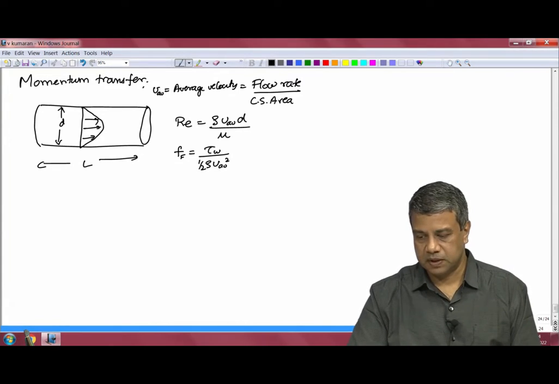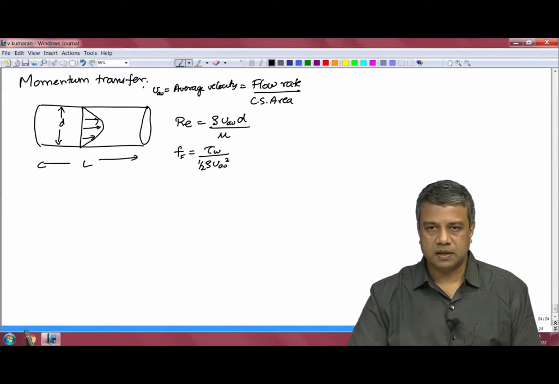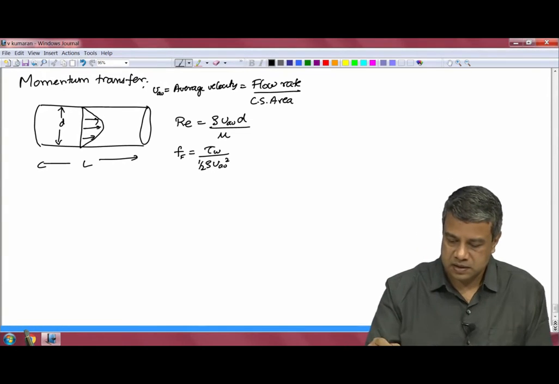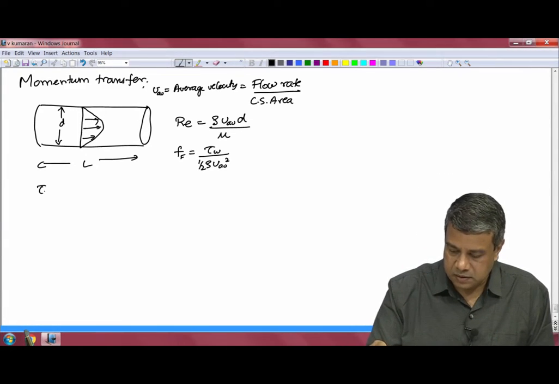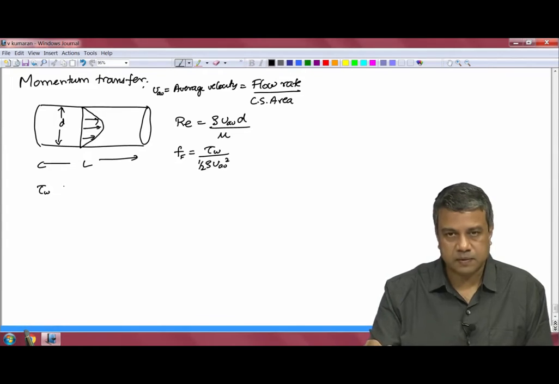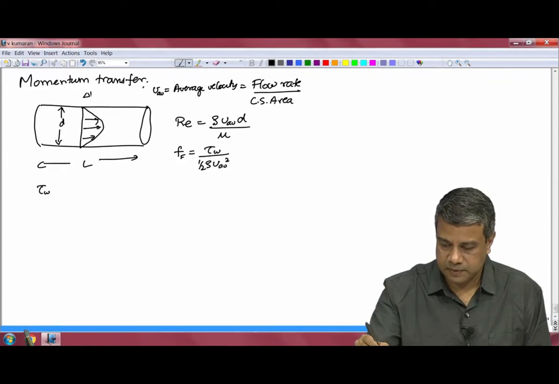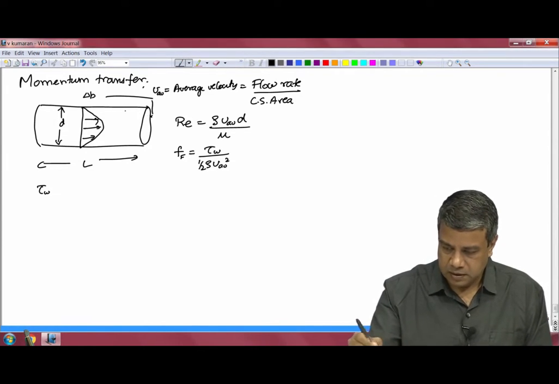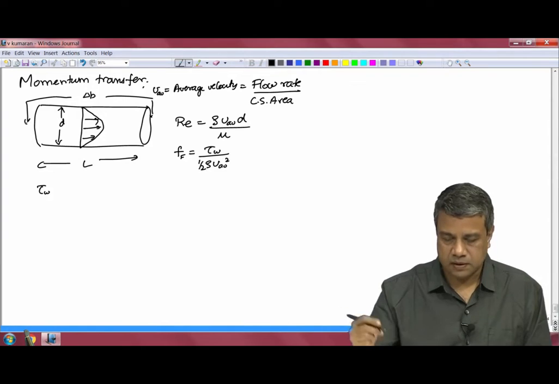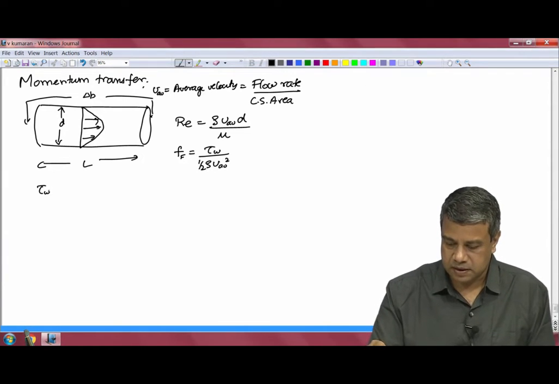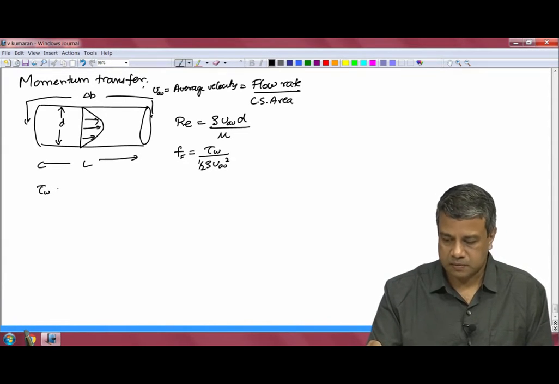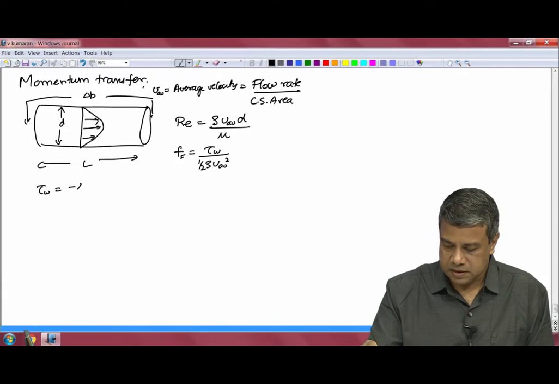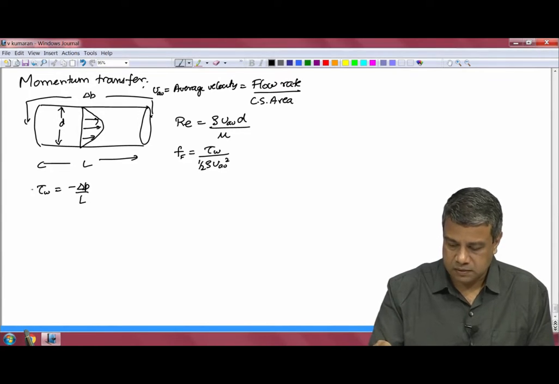And by momentum balance, we know that the wall shear stress is related to the pressure gradient, the pressure difference across the pipe per unit length. We had derived this relation by momentum balance, that minus delta P by L is equal to 4 tau W by the diameter.